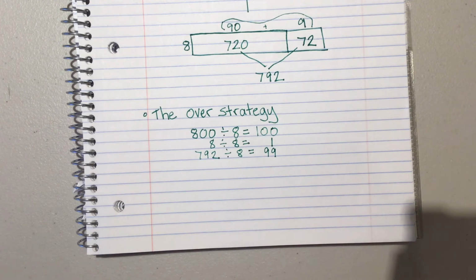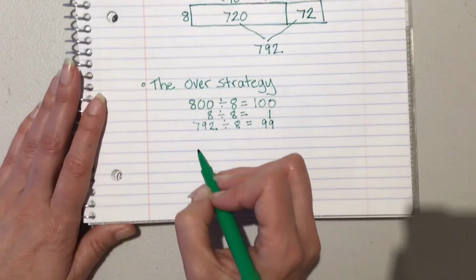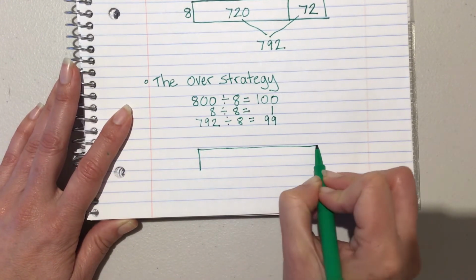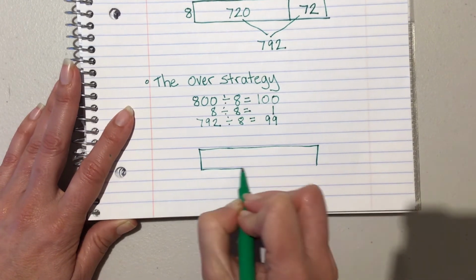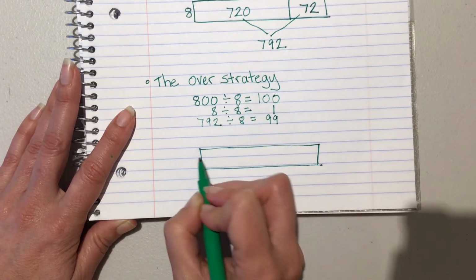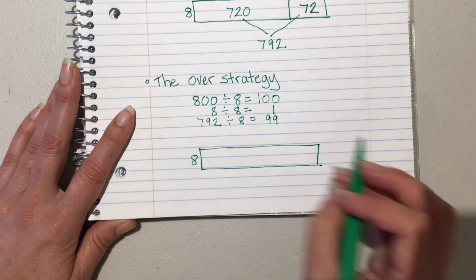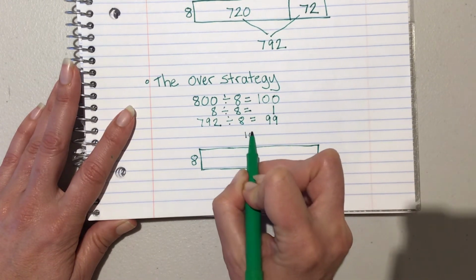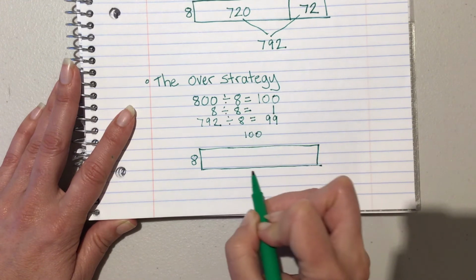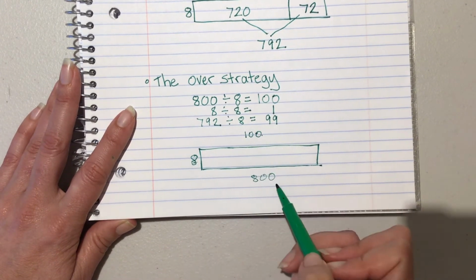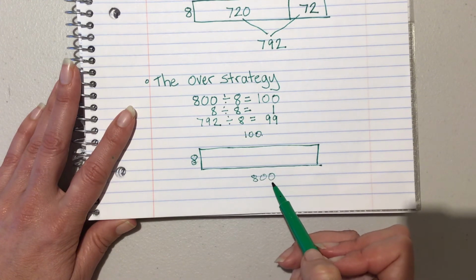So another way to draw that for the over strategy is to draw a rectangle again, and the 8 over here, and we're going to say 8 times, and I'm going to put 100 up here, would be 800. And I'm going to put that down here, right? 8 times 100 is 800.